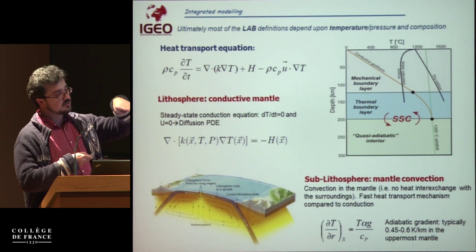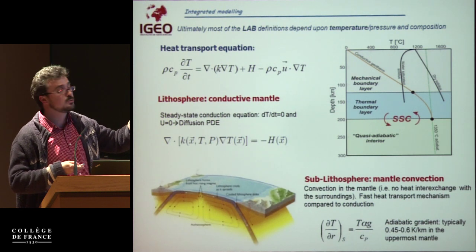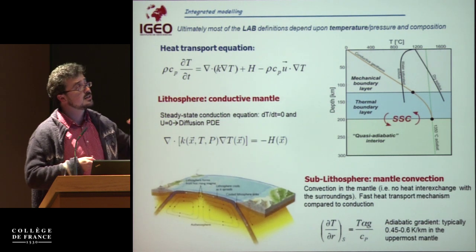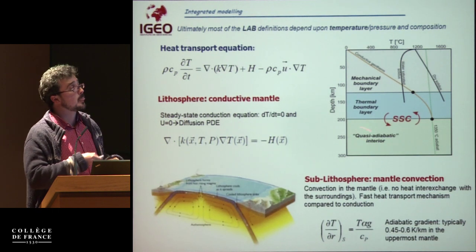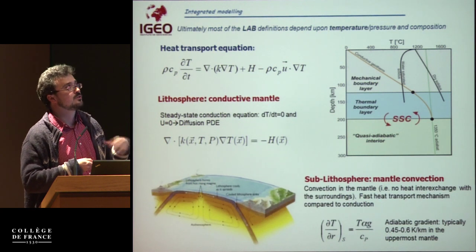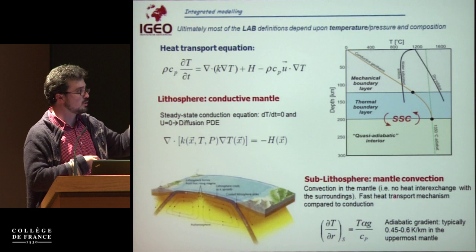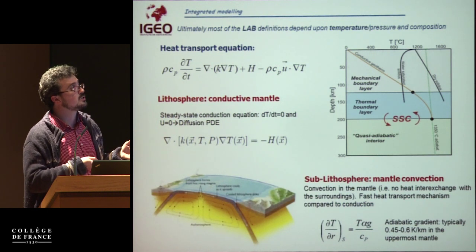That effectively means that you define a particular isotherm, 1300, 1315, something like that, above which everything is conductive, and then you have to relate that to the convecting sublithospheric mantle, where we can use any isentropic or adiabatic approximation to compute the temperature.